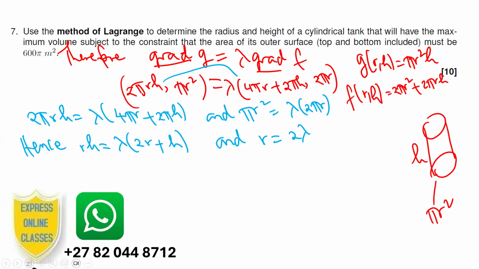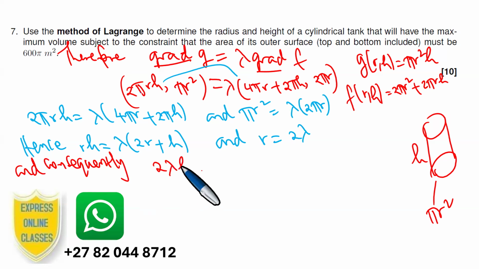And consequently, 2 lambda h is actually lambda times (4 lambda plus h).